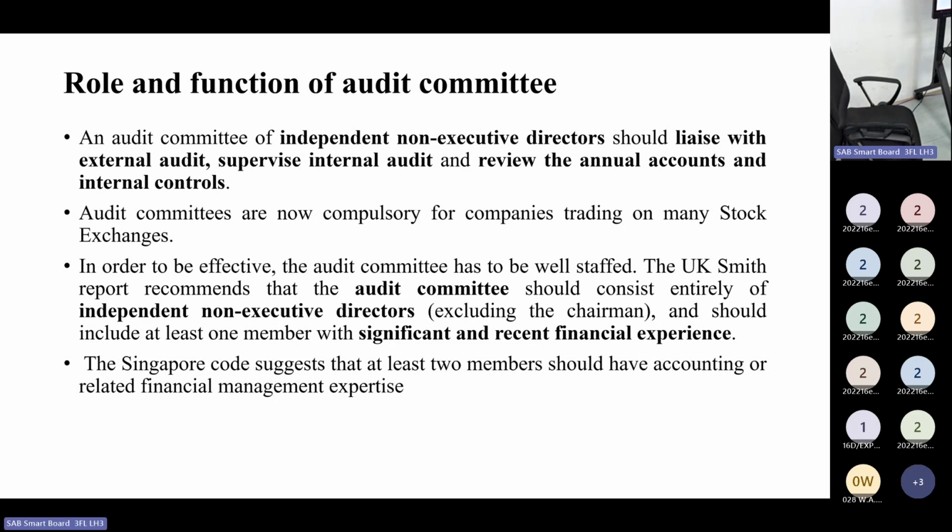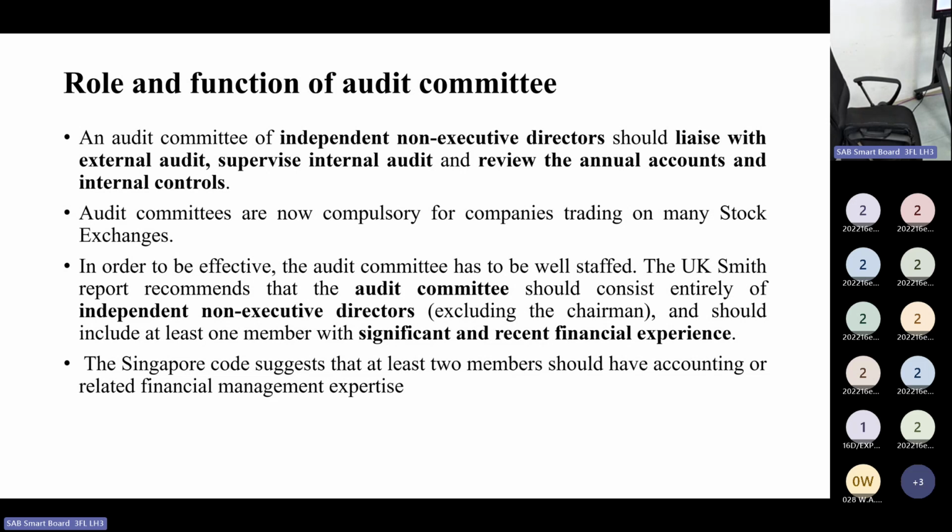Then it says, in order to be effective, the audit committee has to be well staffed. The UK Smith report recommends that the audit committee should consist entirely of independent non-executive directors, excluding the chairman, and should include at least one member with significant and recent financial expertise.